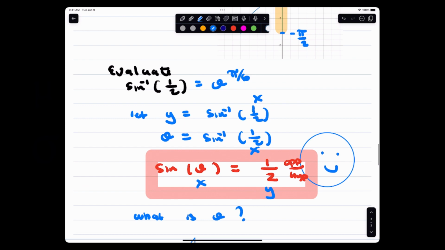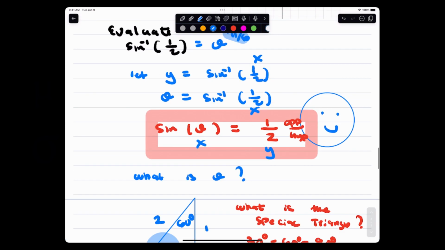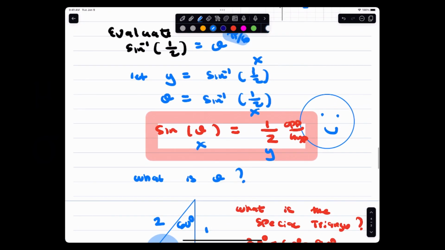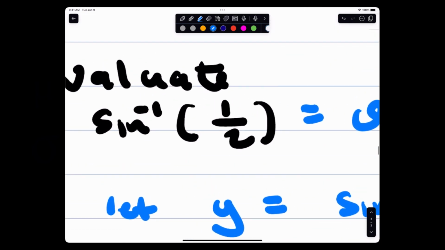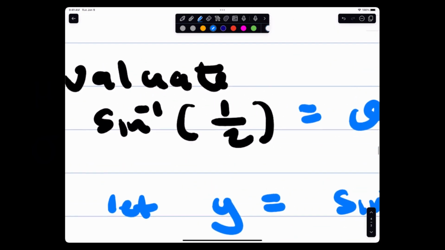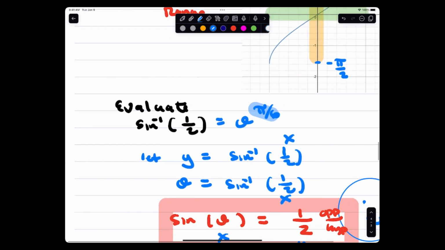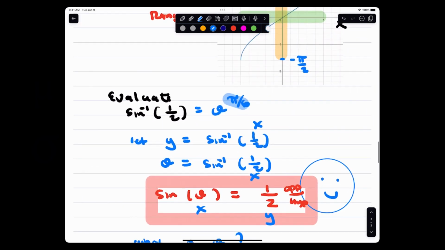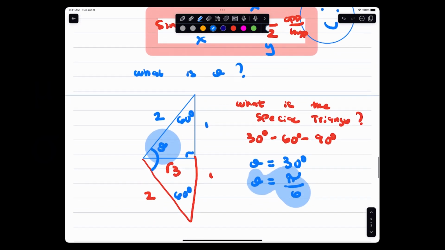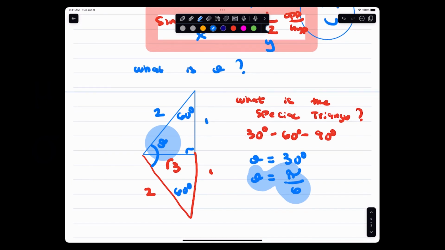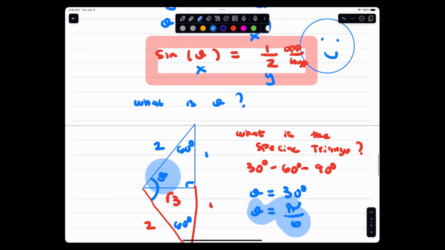You're done. Sorry, but where do we get the 1/2? Well, the definition, it was given. Oh, yeah. Inverse sine is 1/2. So, ladies and gentlemen, you answered the question. Easy peasy, lemon squeezy.